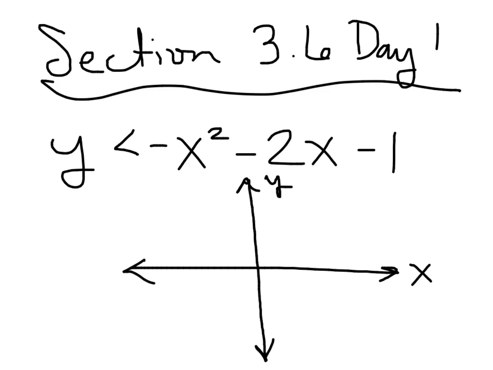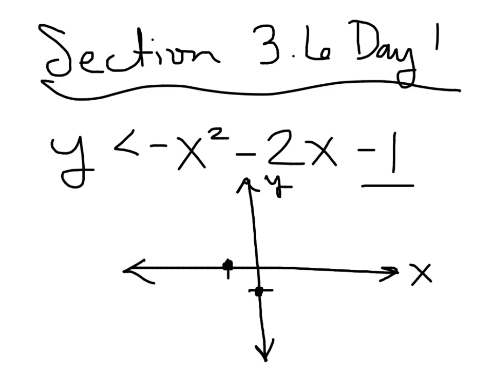Where does it look like it hits the x-axis at? -1. Where does it look like it hits the y-axis at? -1. Do you know how I know it was -1 for sure on the y-axis? Because that -1 right there told me that that crosses right here. You said that it crosses or hits right there for the vertex.